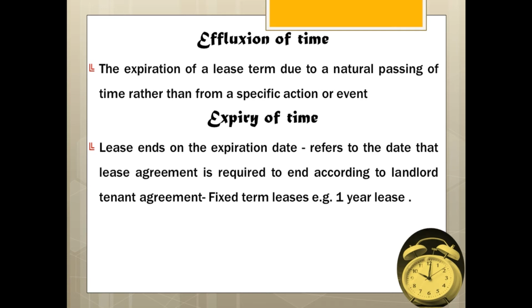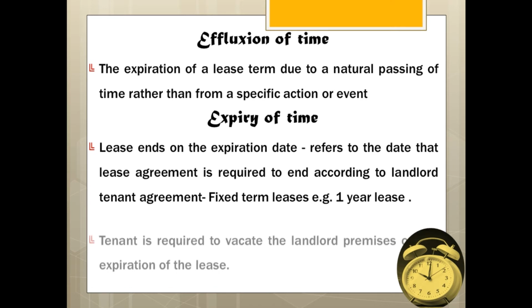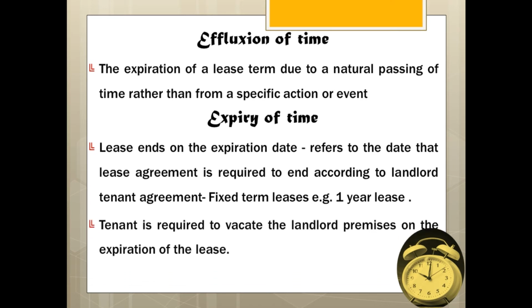Expiration date refers to the date that the lease agreement is required to end according to the landlord and the tenant agreement. This is in reference to fixed term leases, for example, those that are for 1 year. So the tenant is required to vacate the landlord's premises on the expiration of that lease, and that is how the lease agreement is terminated.